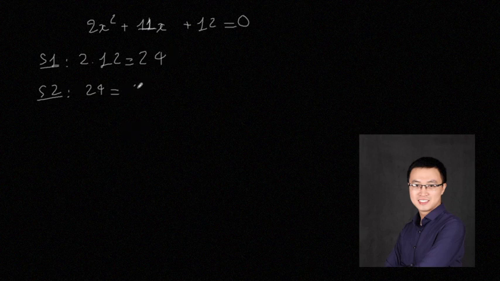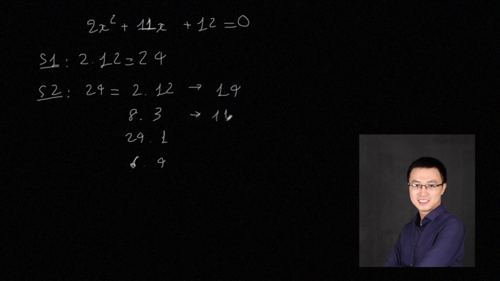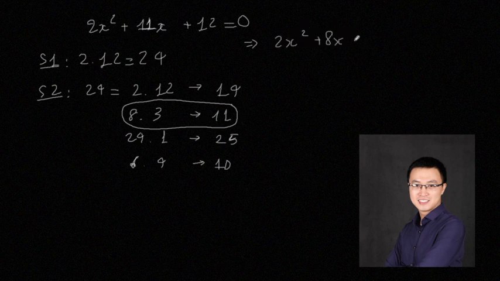You imagine 2 times 12, 8 times 3, 24 times 1, and 6 times 4 maybe, and then you can change the sign. The first option you have 14 for the sum, the second one 11, third you have 25, and fourth you have 10. So I will choose the second solution, and it means I will separate 11x into 8x plus 3x, plus 12 equal to 0.